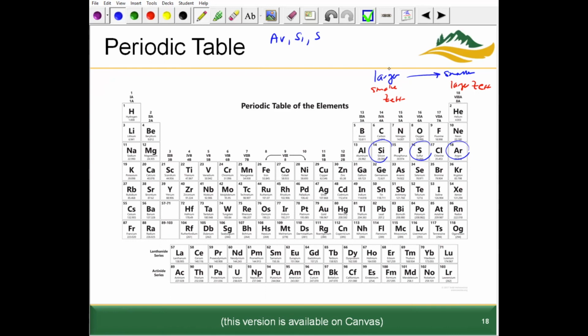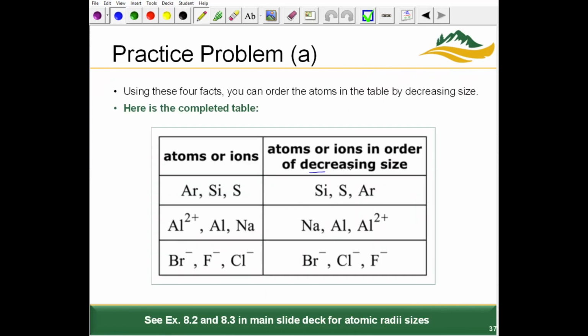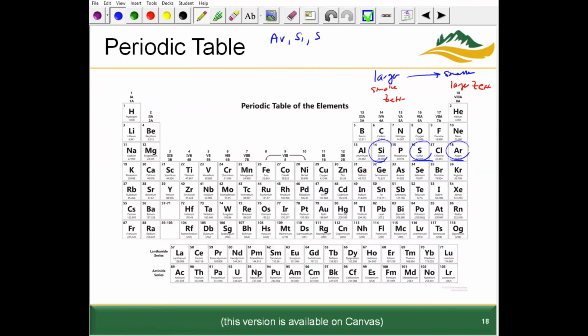So largest to smallest in decreasing order is silicon, then sulfur, then argon.